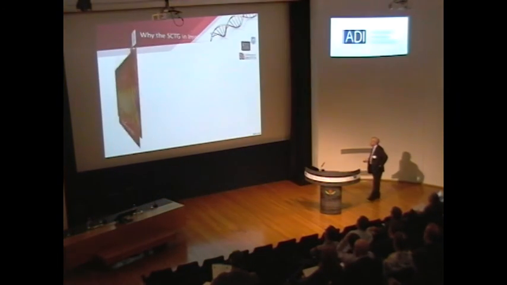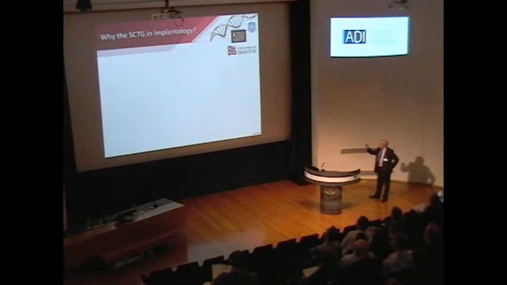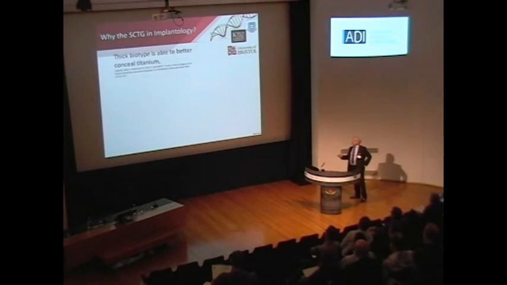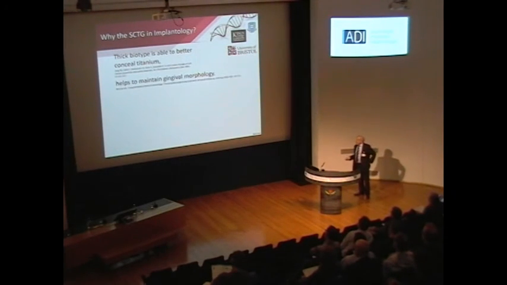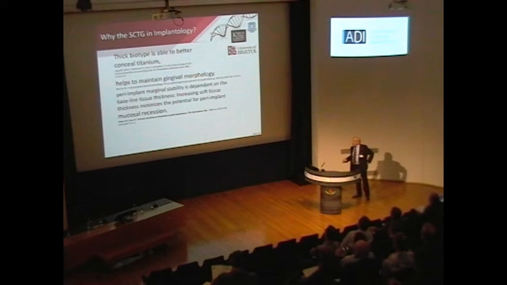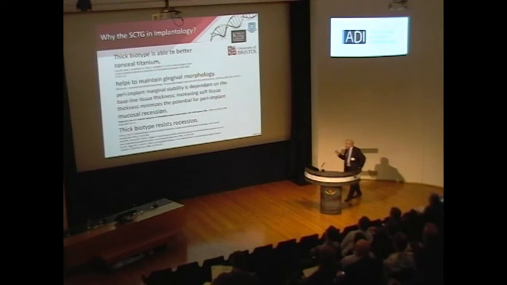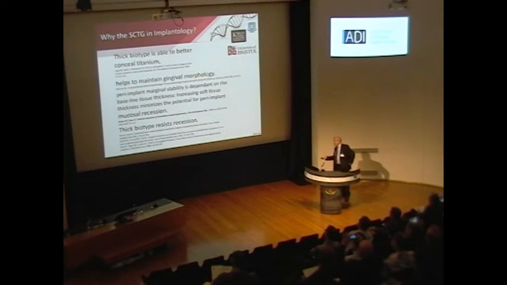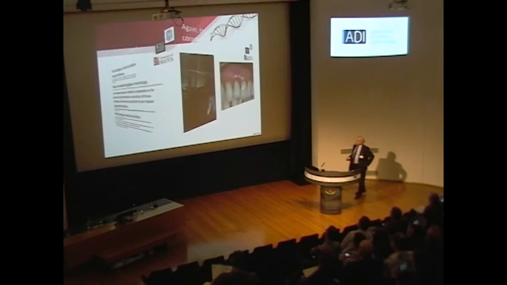Very, very complementary to the left-hand side. So, subepithelial connective tissue graft in implantology, thick biotype conceals your titanium, and you get a maintenance of gingival morphology, you get the ability to resist mucosal recession, and thick biotype itself resists recession.